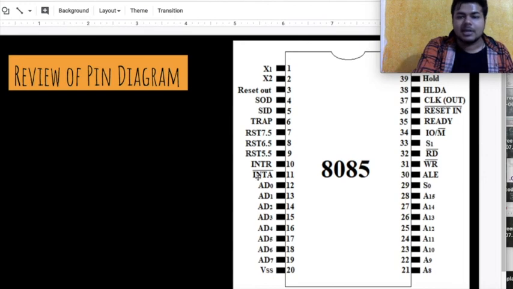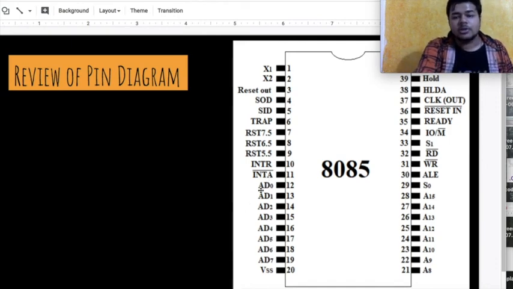TRAP to INTR are interrupts, and these are basically requests from other external devices. Like when the computer gets overheated, the sensor will send a request to shut down the computer. This is also a type of interrupt, and they are prioritized. TRAP is the highest priority, INTR is the lowest priority. INTA is an acknowledgement to the interrupt.